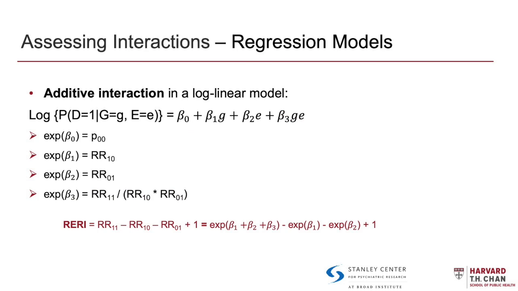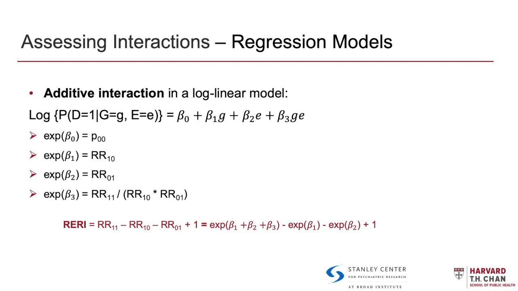We can also calculate additive interaction from a regression model on a log linear model or on a binary logistic model. Earlier, we saw how we can calculate that in a linear regression model. What if you have a logistic regression model? You can follow the same format and be able to calculate the additive interaction when we use multiple logistic regression or log linear model.